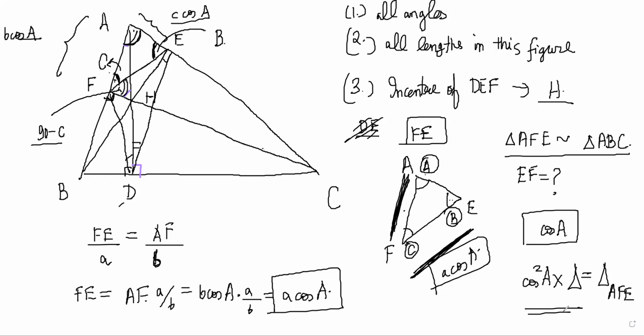I am predicting that the area of triangle AFE will be cos square A into delta. Now actually do the calculation: half bc sine A into cos square A. Yes, that is coming.